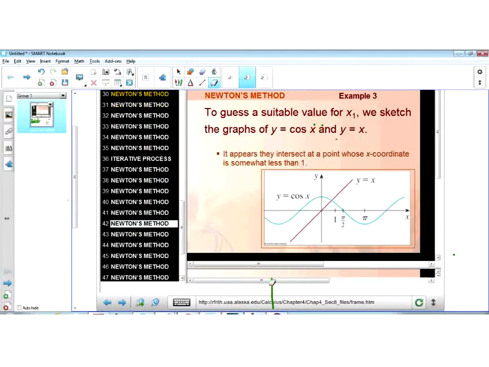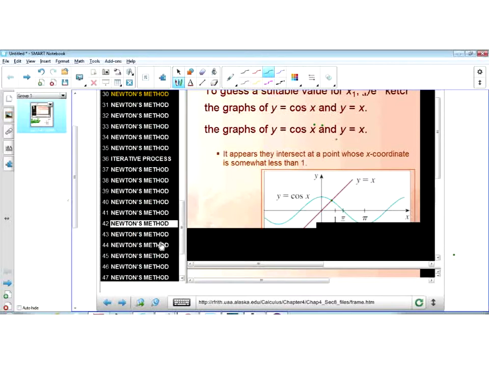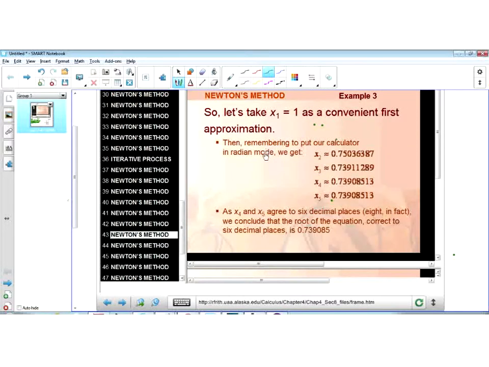The newer online calculators can, but it's still going to be quite challenging and computationally slow on a website. So anyway, you can see a good estimate of where the root is, where these two functions intersect, would be, say, x equals 1. So that would be a good starting point. So x1 equals 1.